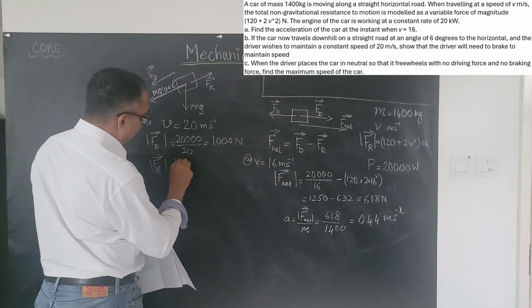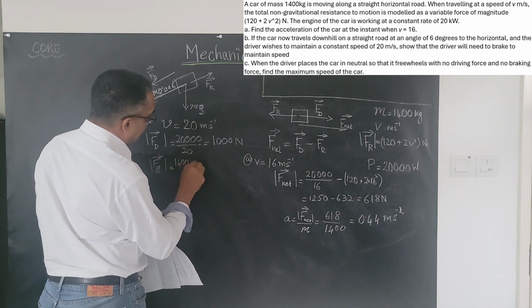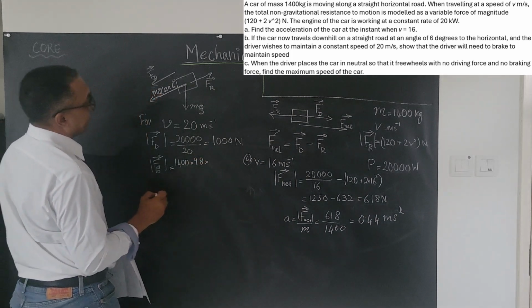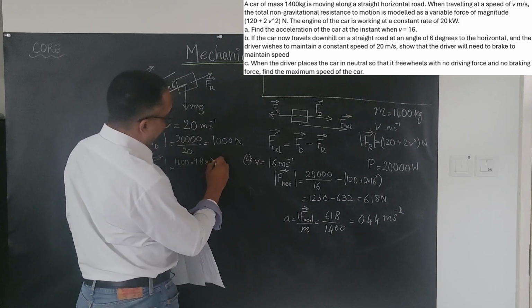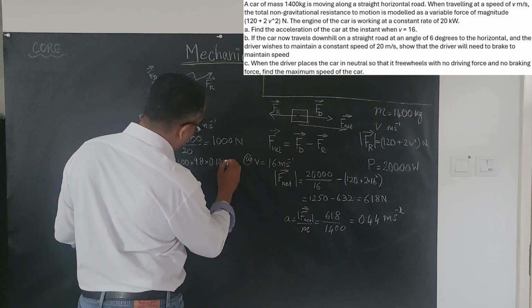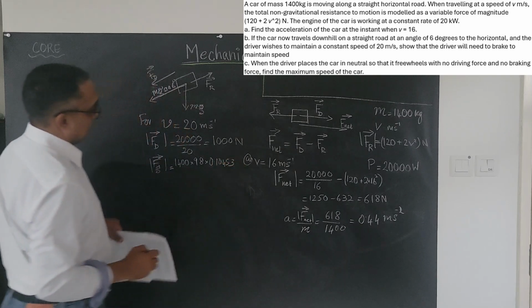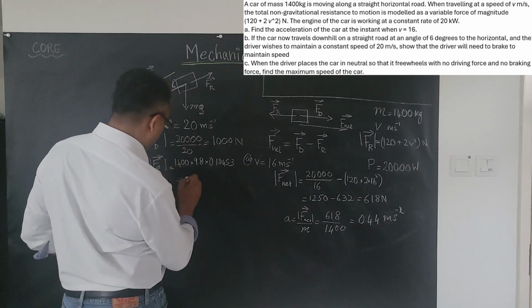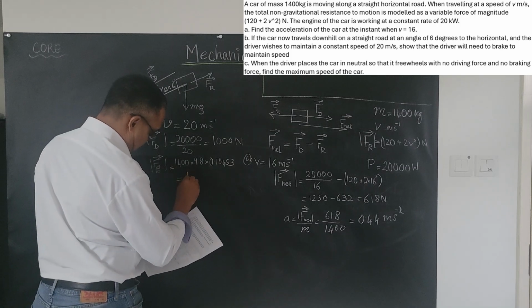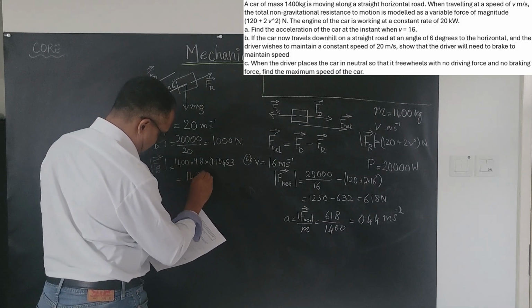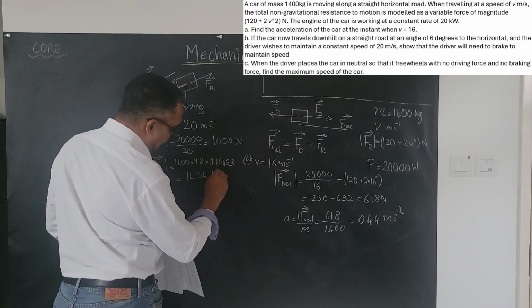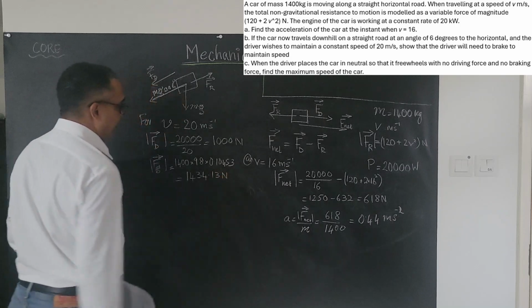That should be 1400 times 9.8 times the sine of 6 degrees, 0.10453, which is equal to 1434. I like to keep my decimals, so I will let that be.